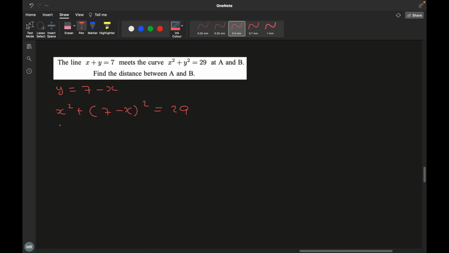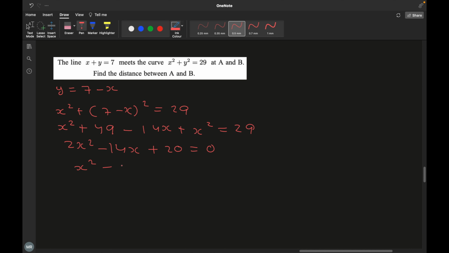So let's simplify this. x squared plus 49 minus 14x plus x squared equals 29. So 2x squared minus 14x plus 20 equals 0.